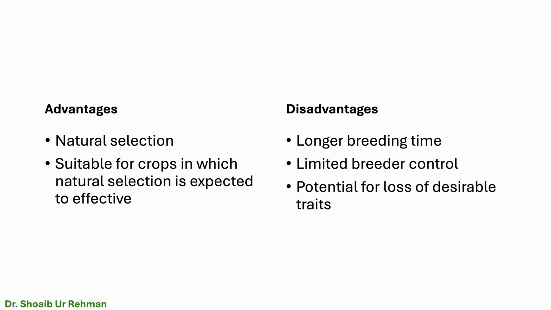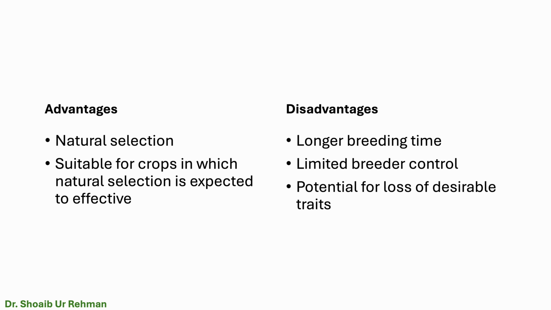And the disadvantage is that the breeder has limited interference in the selection of plants in the earlier generations. Although the breeder can have his say in the later generations, in the early generations from F2 to F6, F7, the breeder does not impose his selection, because everything will be selected by nature. This is a sort of disadvantage, because sometimes potential genes can be lost in this kind of breeding method. But overall, it is a relatively good method.